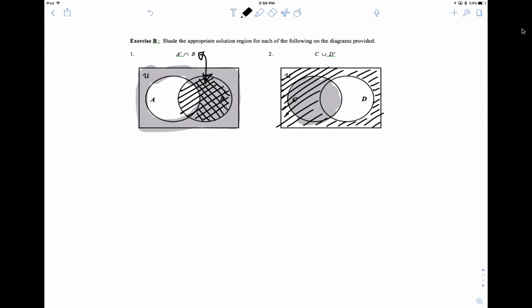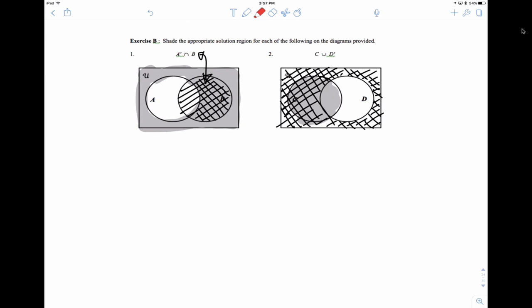All right, and then the union of both of them. So we go the other way again. Everything that I just shaded, either by rubbing my pencil or by doing right directed. So what we've got here now is C, which is the gray, not D, which is the lines.